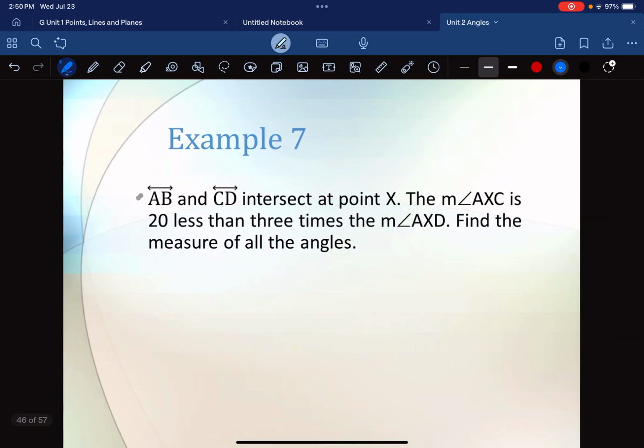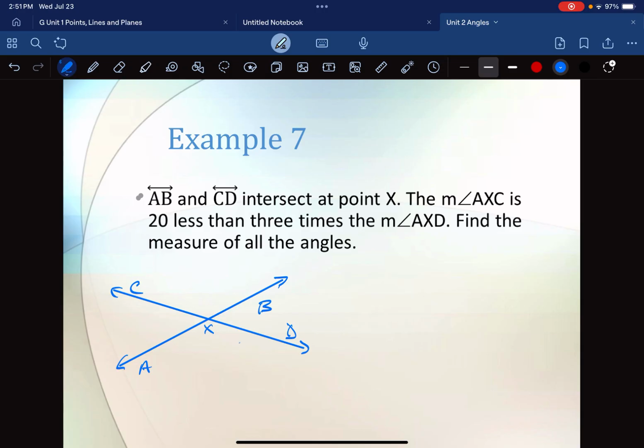Oh boy. Lines AB and CD intersect at point X. The measure of AXC is 20 less than 3 times the measure of AXD.